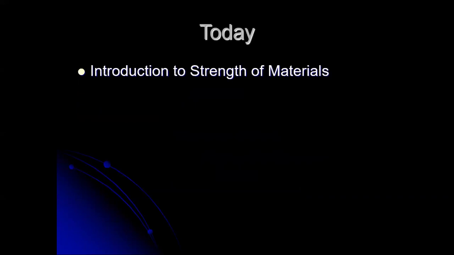All right, so let's look at what we're doing tonight. We're looking at the introduction to strength of materials. Strength of materials moves us away from using the ideal materials that we've considered at this point.